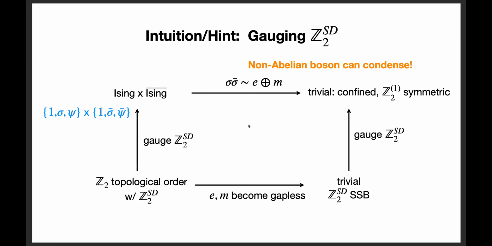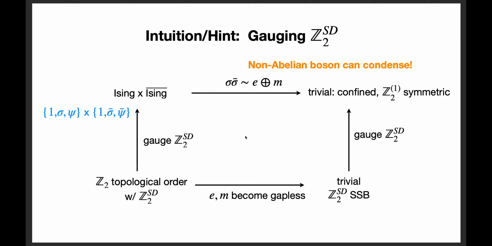And through this gauging, we know that we gauge a zero-form symmetry. In the gauge theory, there will be an emergent one-form symmetry. And indeed, along the top line, we have a Z2 one-form symmetry generated by the psi psi-bar line. Since it is a confined phase, this one-form symmetry is still symmetric, it's unbroken. So now we can fill out the other parts. On the bottom, we will have a trivial phase.